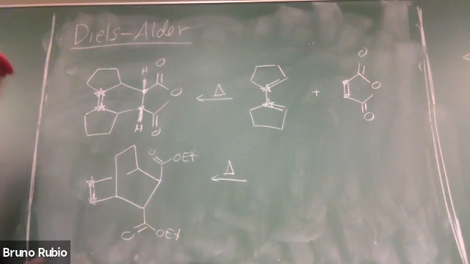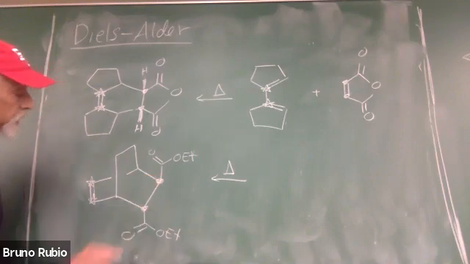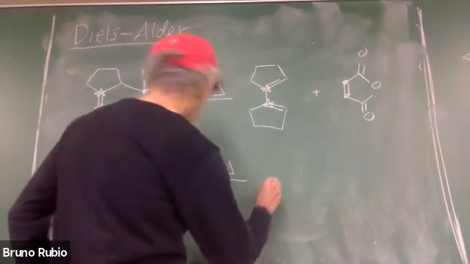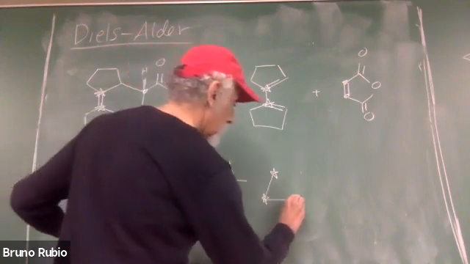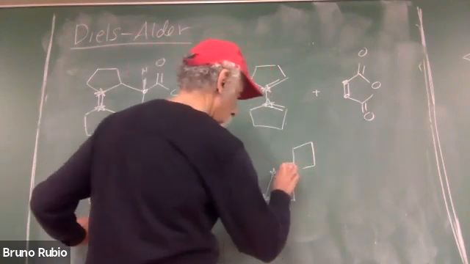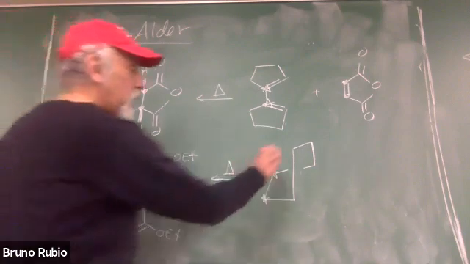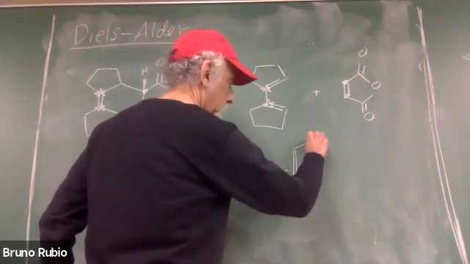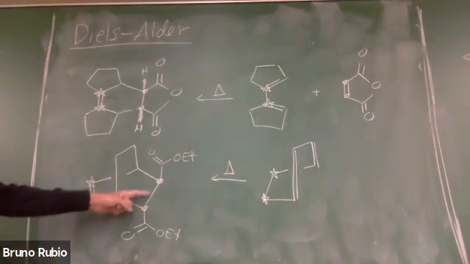Because the dienophile usually has an electron withdrawing group on. So there were my dots. Okay, this used to be on either side of these stars. These used to be double bonds.